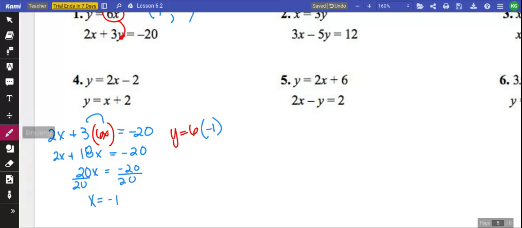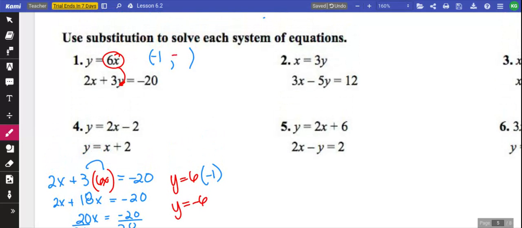And then that would give me y equals negative 6. So if I were to have put the second equation in y equals and then graph them both on the same coordinate plane, I would also have figured out that it was at negative 1, negative 6. So this is just another way that's different from what we did yesterday to solve two equations that have two variables.